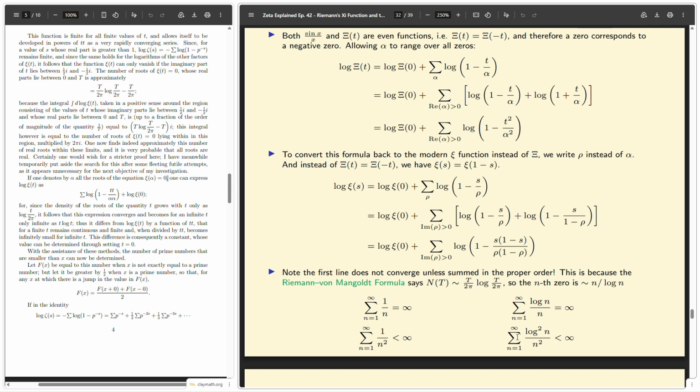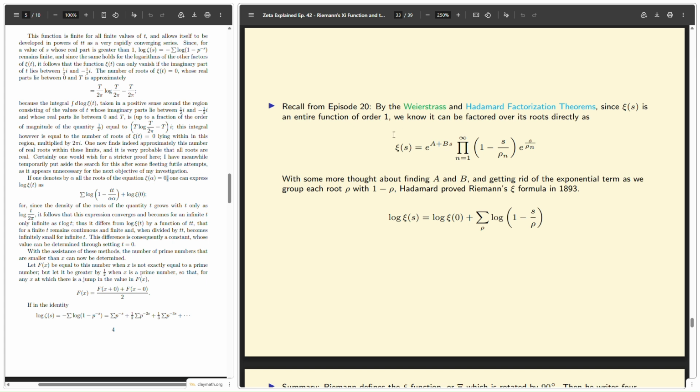So we just proved that if you take 1 over the zero squared, that series will converge. And this thing is also like 1 over rho squared. If you expand this out, it becomes rho minus rho squared, so the denominator grows like rho squared. Okay, so both of these things converge, but if you sum them one at a time and don't go in the right order, then they diverge.